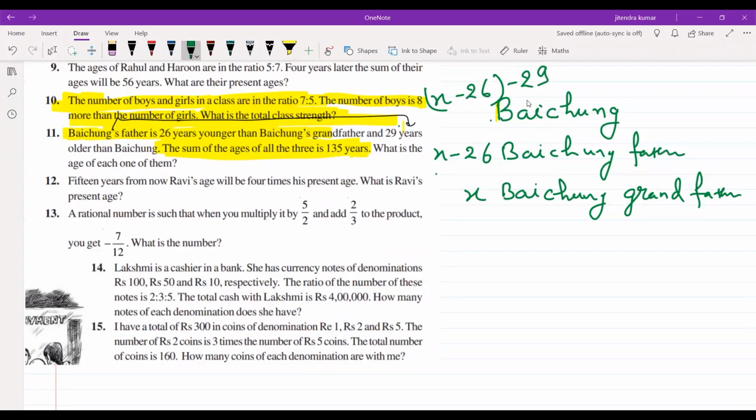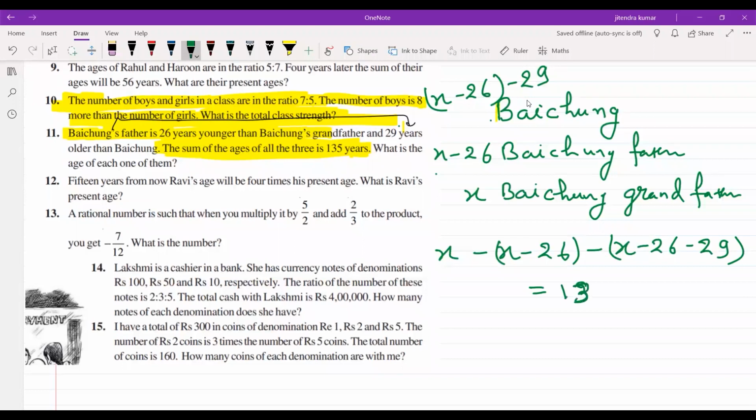So we just have to add up all these three, and that should be equal to 135.